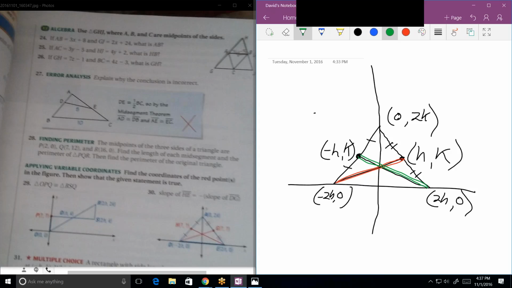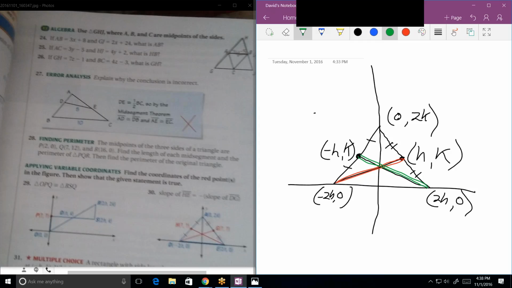Unless I happen to know, like the alternate interior theorem for parallel lines and a transversal, but a lot of them I don't know the official name because it's not important to me.